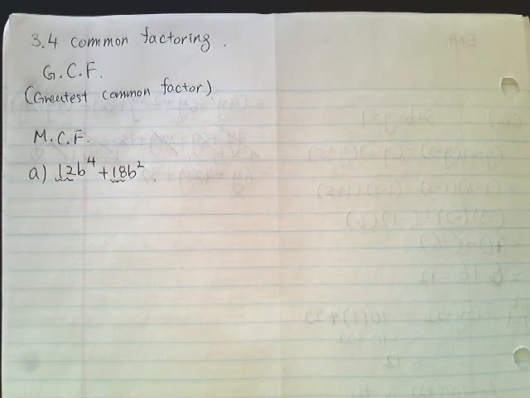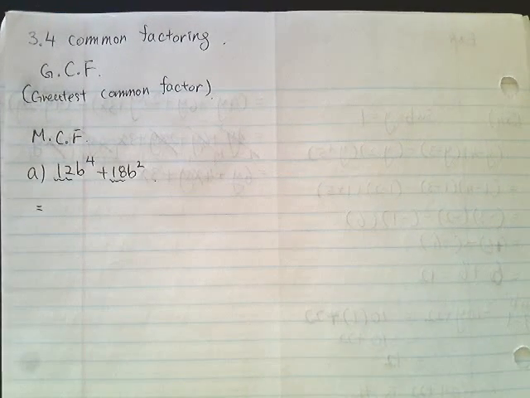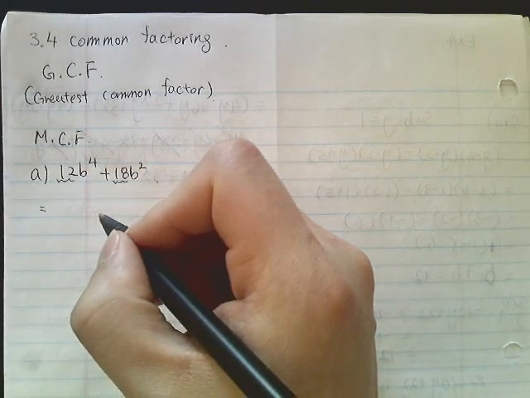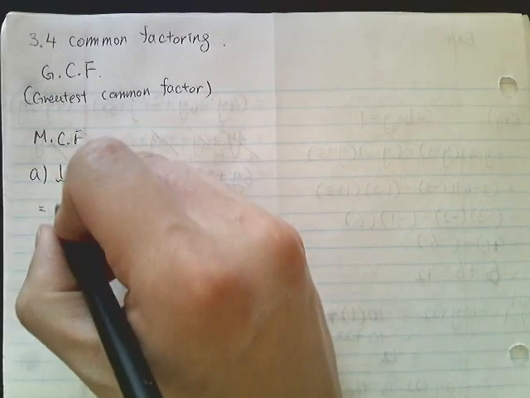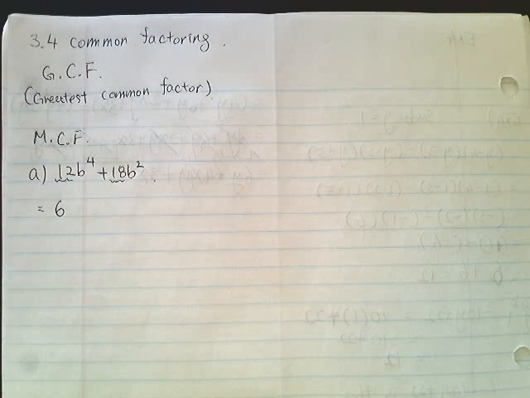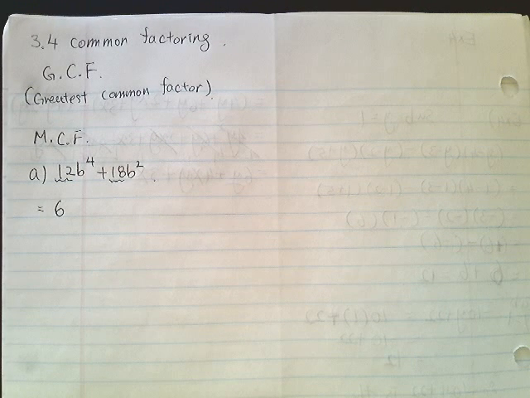Look at the coefficients and find the biggest number that divides both. Okay. So start from 1. 1 divides both, 2 divides both, 3 divides both, 4 doesn't divide 18, 5 divides nothing, 6 divides both. 7 doesn't divide, 8 doesn't divide, and so on. The greatest common factor for 12 and 18 is 6.